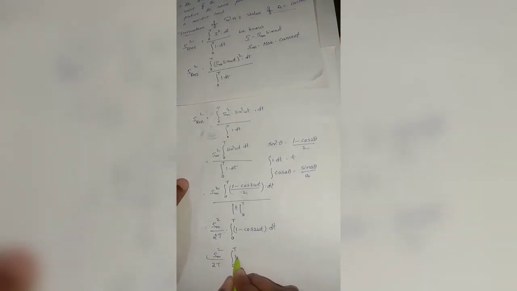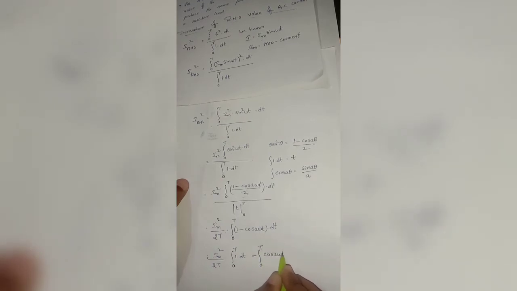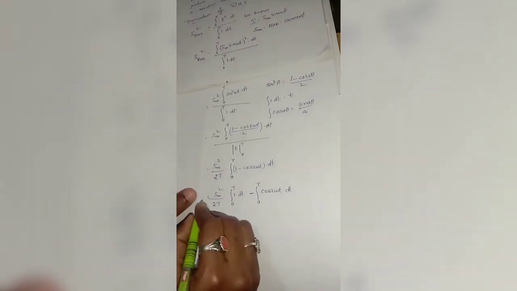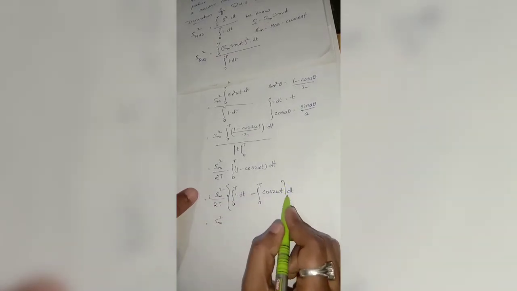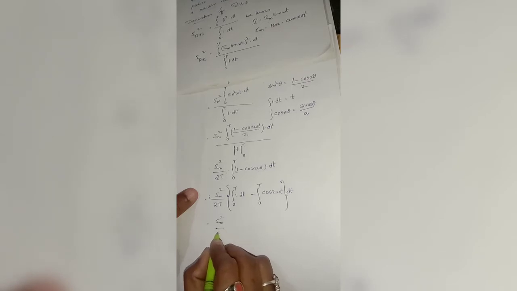Again, integral of a minus b, we split the integration: Im square by 2T, integral 0 to T of 1 dt, minus integral 0 to T of cos 2 omega t dt. That is equal to Im square by 2T.